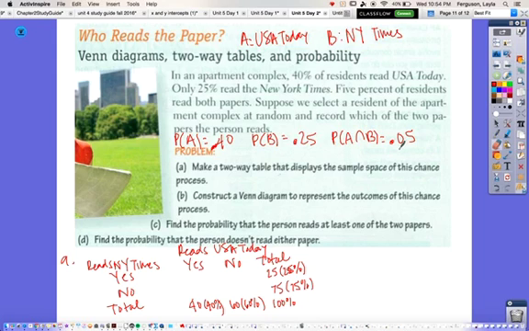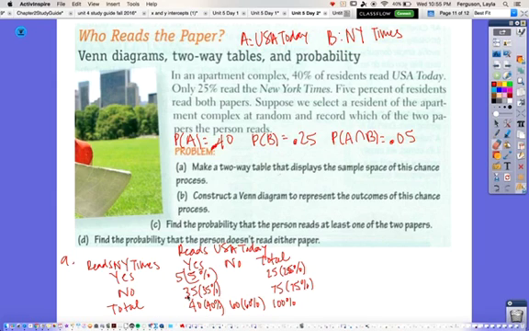Probability of A and B, so that means that they read the New York Times and the USA Today, is 0.05 or 5%. And so if in the yes, I have 5, then in the no yes, I would have 35, because my total USA Today has to add up to give me 40. And I know if there's already 5 there, then what's missing is 35.